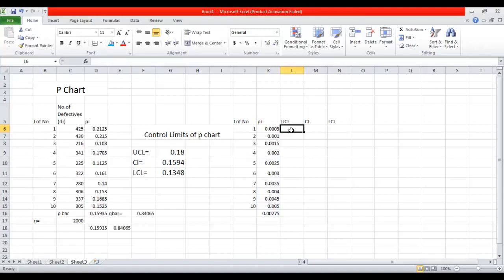So coming to UCL, CL and LCL, what are the values? First, UCL value is 0.18. CL value is 0.1594 and LCL value is 0.1348. So same values I'm going to select and drag.